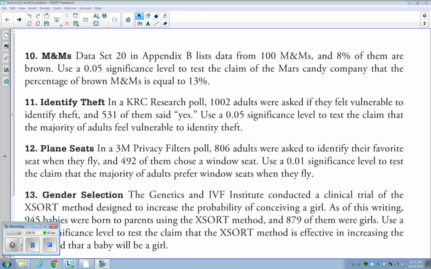Number 10 there on M&Ms. This is 8.3, 8.4. Oh, thank you. Yeah, these are going to be the problems from 8.3 and 8.4.